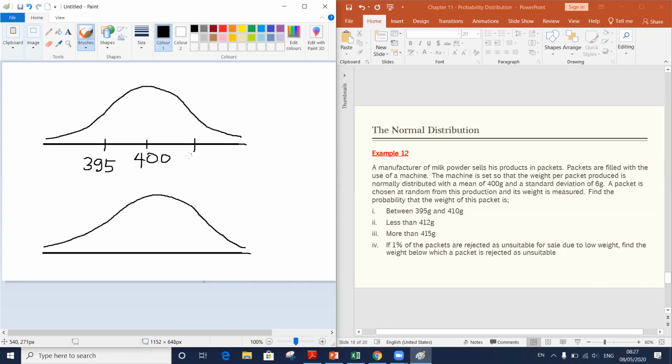It means somewhere here, 410. නම් අපෙන් අහන්නේ පිටි පැකට් එකක බර මෙන්න මේ රේන්ජ් එක ඇතුලේ තියෙන්න පුළුවන් probability එක කීයද? Right? This is what we need to find.